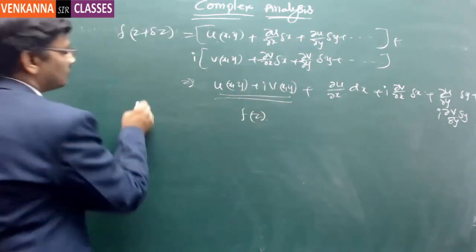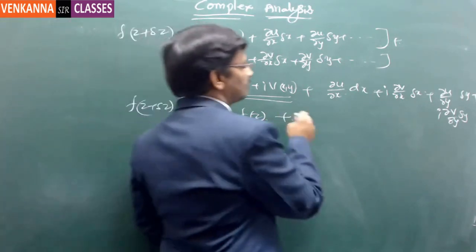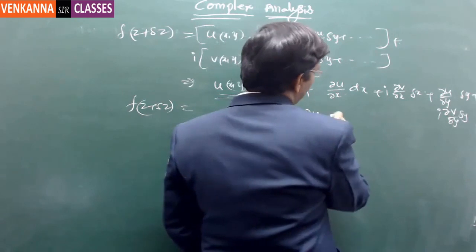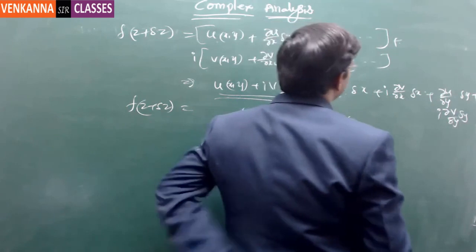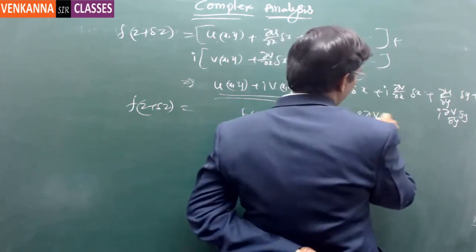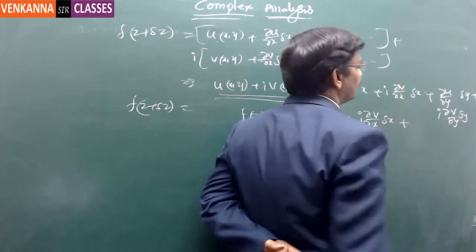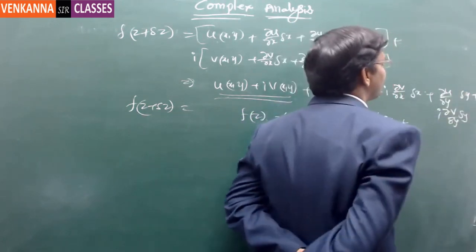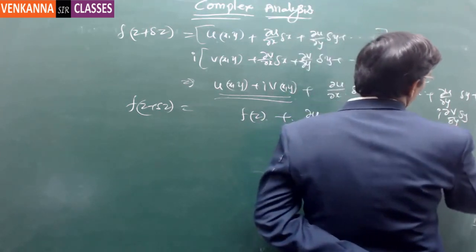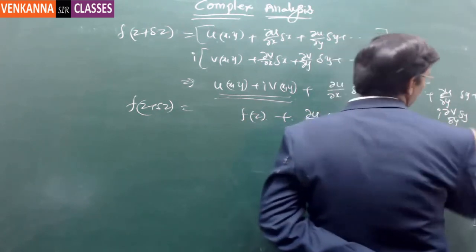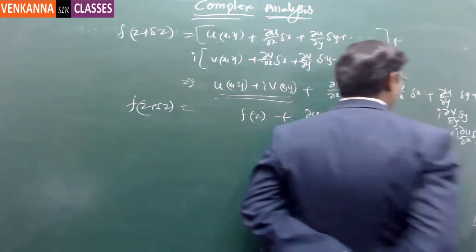Now f of z plus delta z is equal to f of z plus dou u by dou x into delta x plus I times dou v by dou x into delta x, plus here dou u by dou y can be expressed as minus dou v by dou x into delta y, plus dou v by dou y can be expressed as dou u by dou x into delta y.